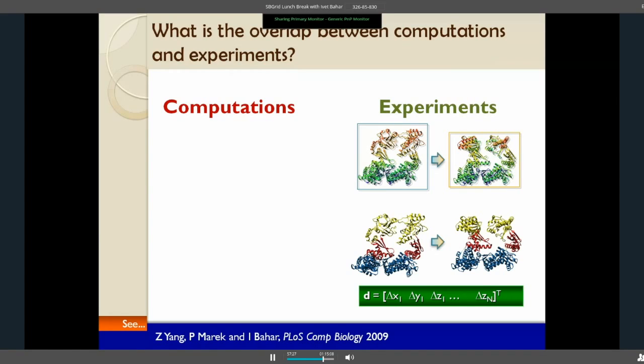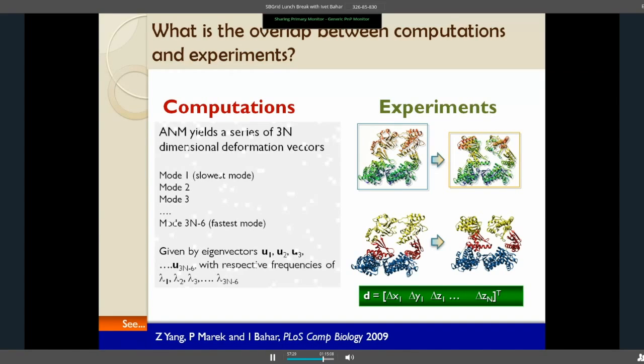ANM will give you a series of 3N-dimensional deformation vectors, different modes, which describe the vectors with their respective frequencies. Now I would like to see whether the experimentally observed deformation agrees with the softest, easiest modes of motion that the structure encodes.